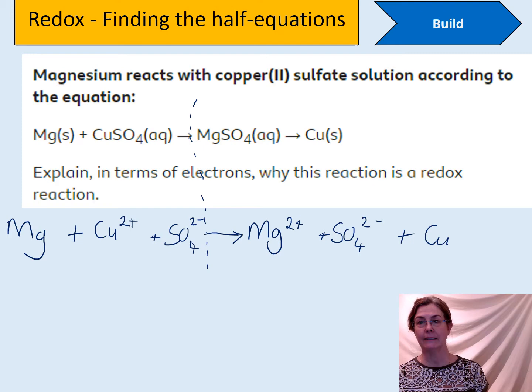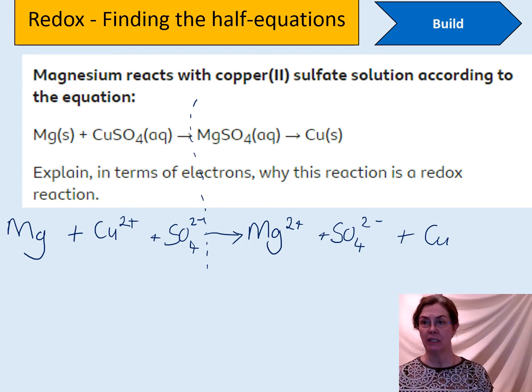So we can see that on both sides of the equation, magnesium has become magnesium 2+, and copper 2+ has become copper. The sulfate 2- hasn't changed at all, it's stayed the same. So as far as our reaction is concerned, the sulfate ions don't take any part in this at all, and they're called spectator ions.